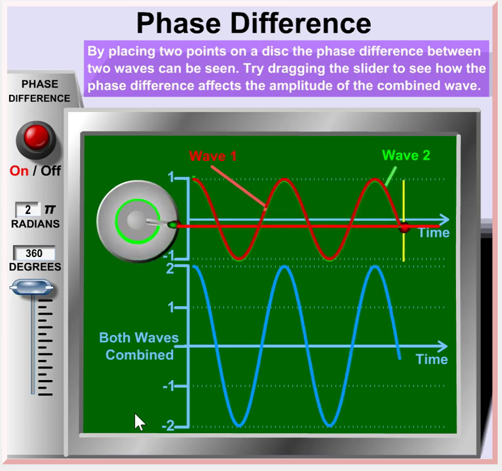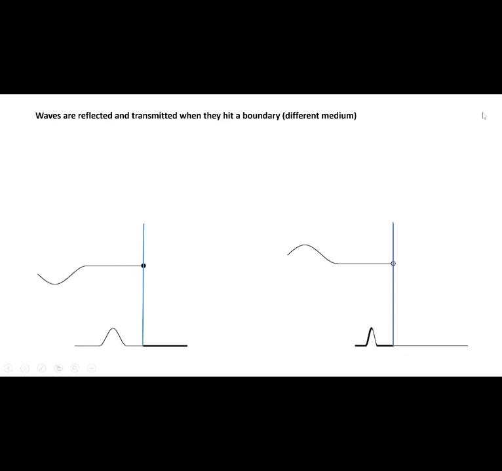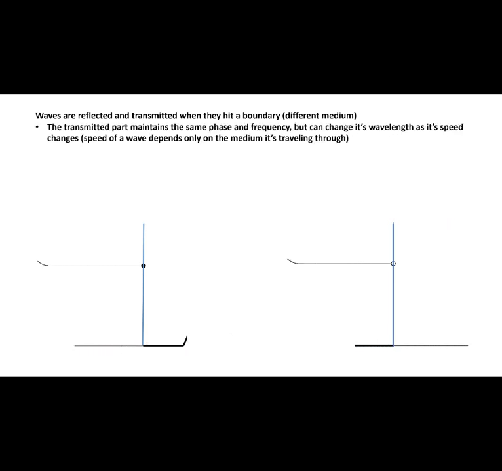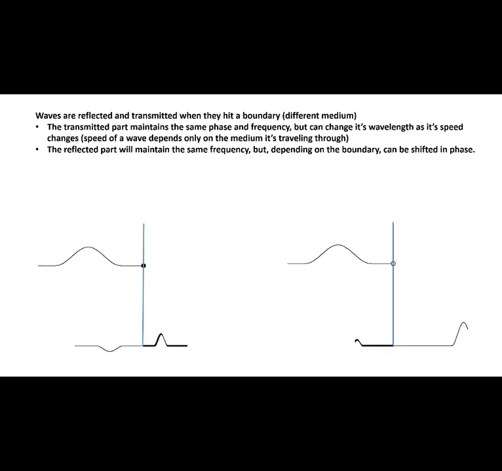So waves are both reflected and transmitted when they hit a boundary or a different medium. The transmitted part maintains the same phase and frequency, but it can change its wavelength as its speed changes. Remember, the speed of a wave depends only on the medium it's traveling through. The reflected part maintains the same frequency, but depending on the boundary, can be shifted in phase.